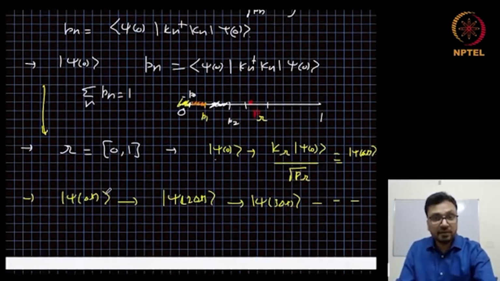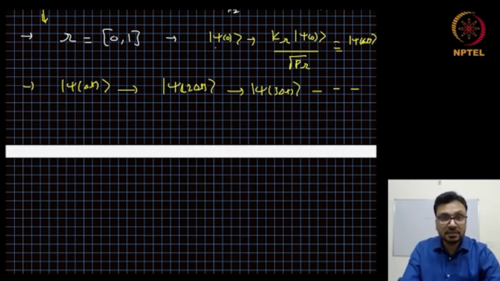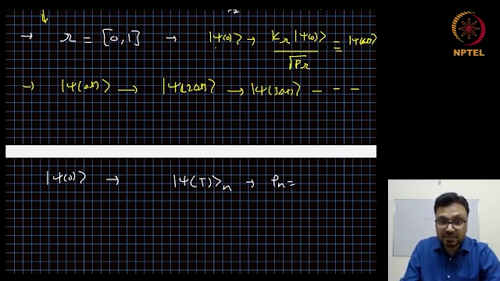And what we do at the end is we start from psi of 0, we get psi of T in the nth attempt, and we construct rho of n, which is the outer product of psi of capital T with psi of capital T, and we sum over it.